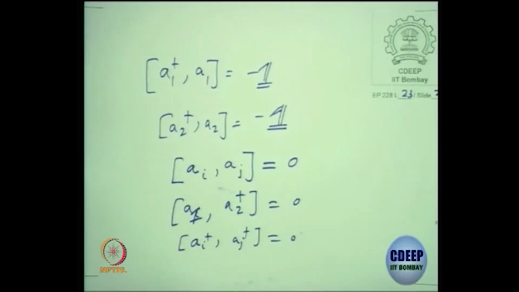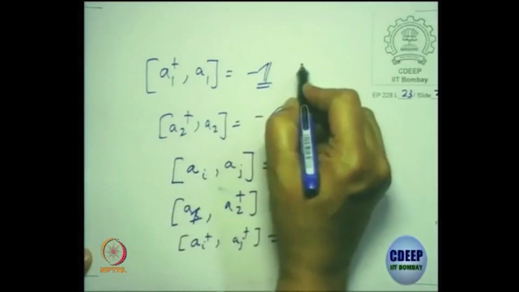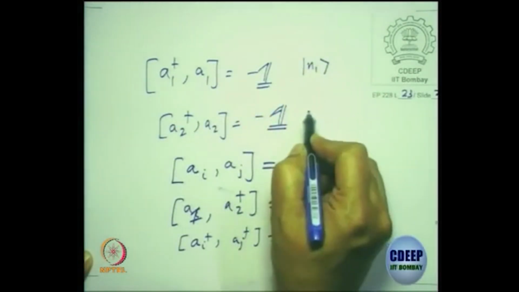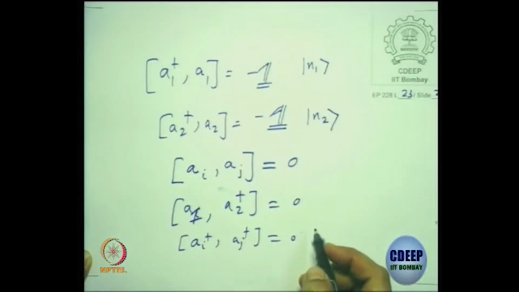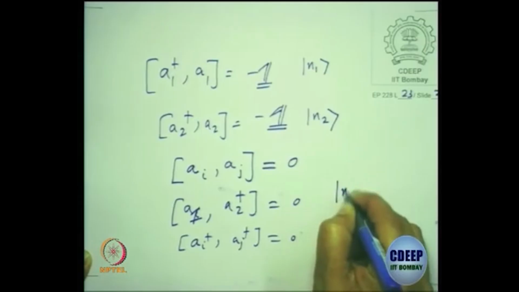So you can write a state to be a simultaneous eigenstate of both the harmonic oscillators. Suppose the states here I denote by N1, and the states here I denote by N2. I could denote a state as |N1, N2>.